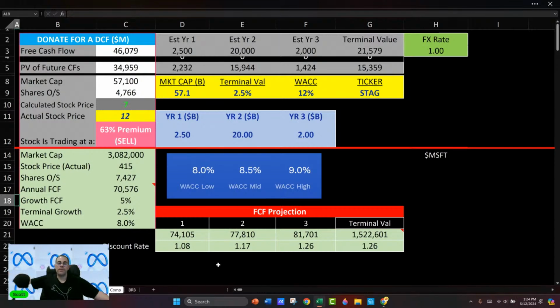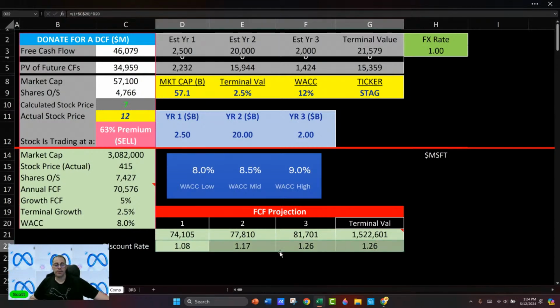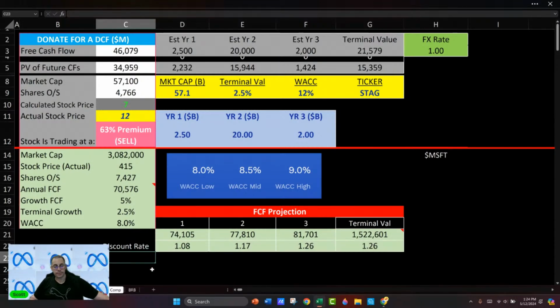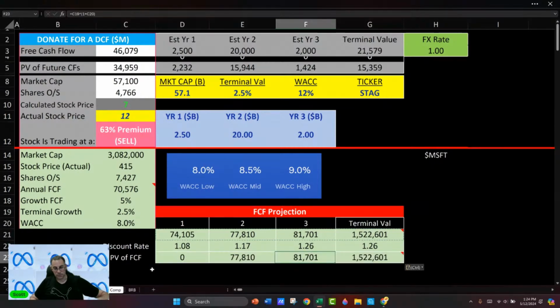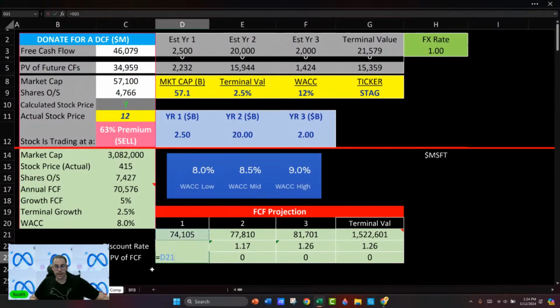The further you go out, the more you have to discount it to take into account the time value of money. So PV, or free cash flows, the present value. I guess it's hard to really do this in a simplified way. There's so many steps to it.